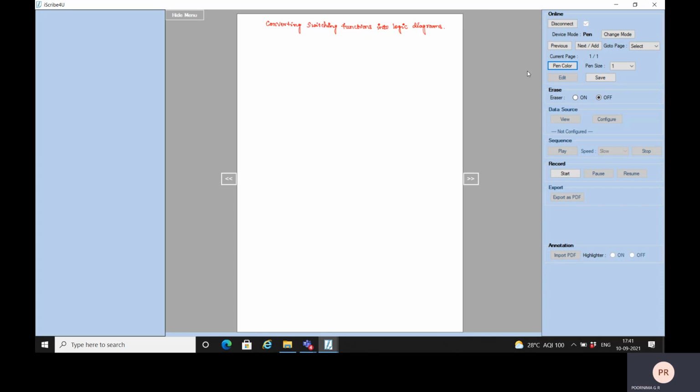Let us consider a switching equation G equal to x bar, y bar, z bar, OR x, y bar, z, OR x bar, y, z bar, OR x, y, z.